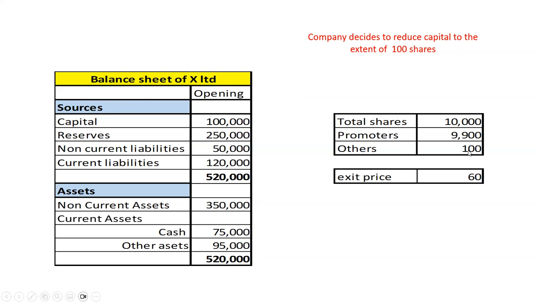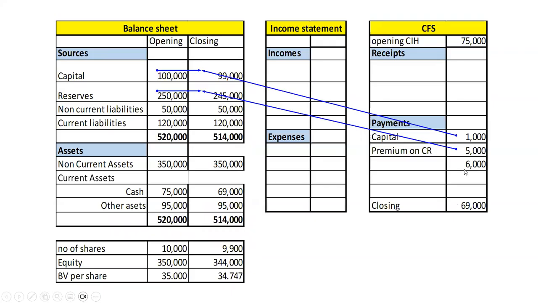Cash outflow will be 6,000. After the transaction, cash reduces from 75 to 69. You see that? Cash reduced from 75 to 69.